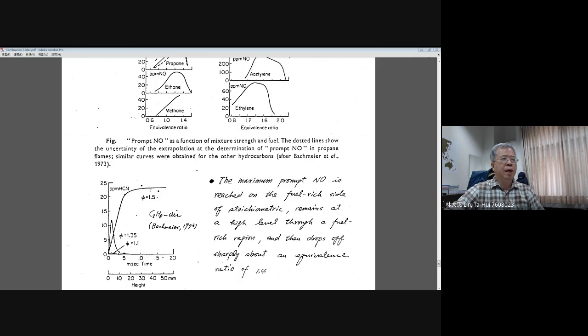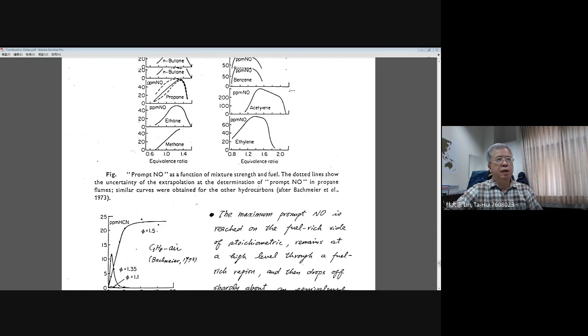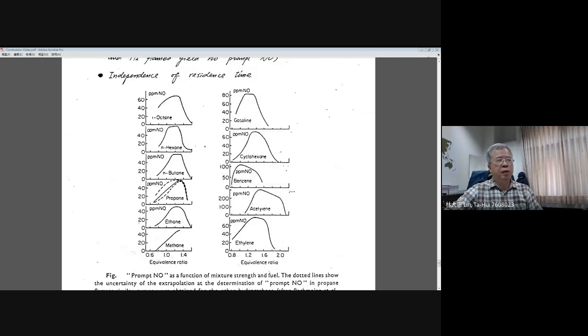Then you may not have enough prompt NO to be produced. You can see there's a drop down for different kinds of fuel in the very fuel-rich sides. For example, for the ethylene, when the equivalence ratio is higher than 1.8 or so, the NO concentration drops down very fast. In this region, actually, they tell you there is a lack of oxygen concentration.